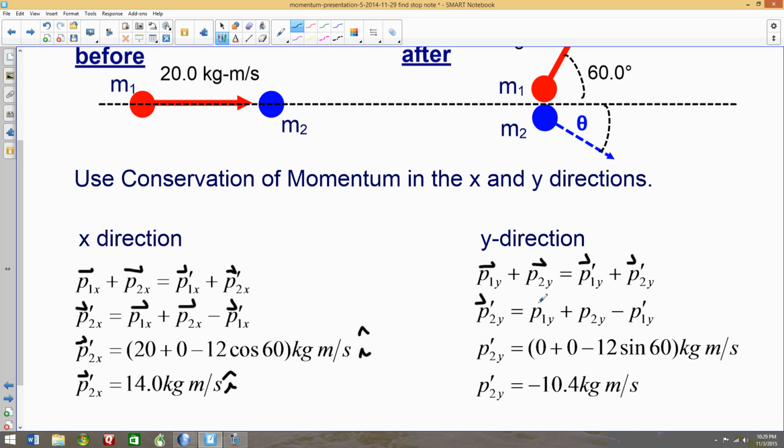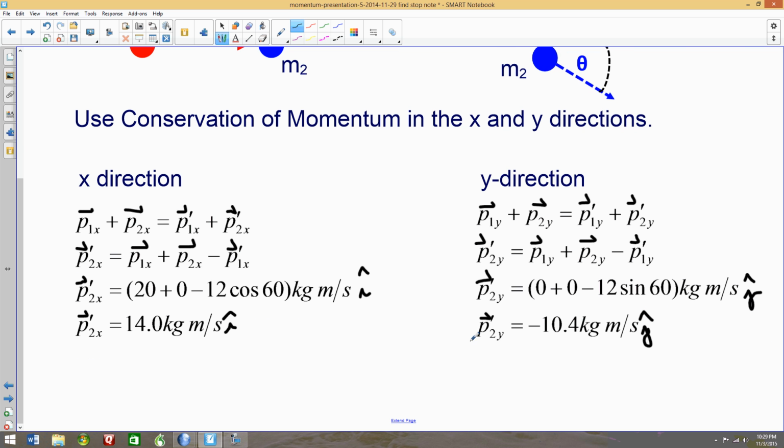We solve for p2y prime by subtracting the p1y prime from both sides, and that gives us 0 plus 0 minus the 12 sine 60 with the units of kilograms meters per second, and that gives us a final momentum after the collision for m2 as negative 10.4 kilograms meters per second j hat. Oops, sorry, let's make this a j hat. Okay, so here are the x and y components of the momentum after the collision for m2.